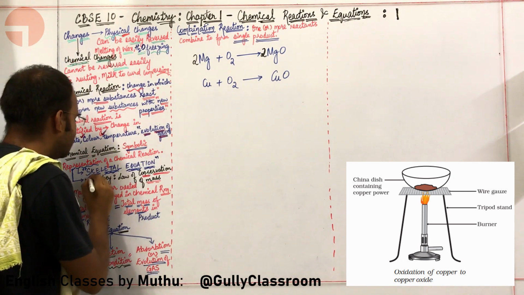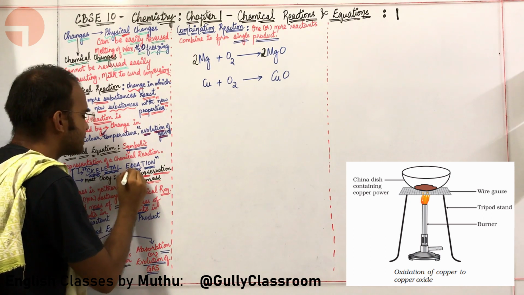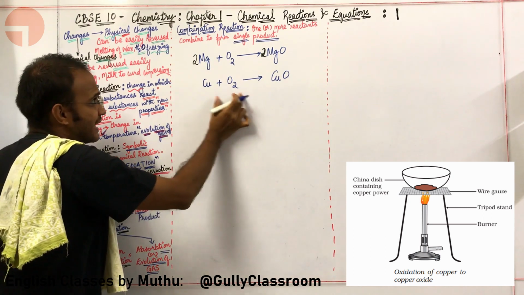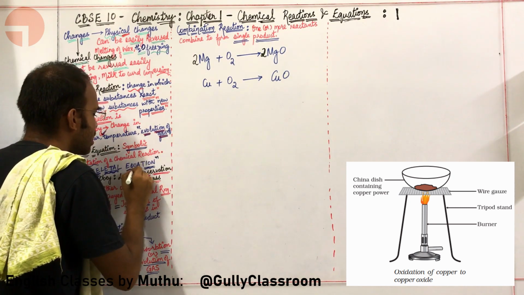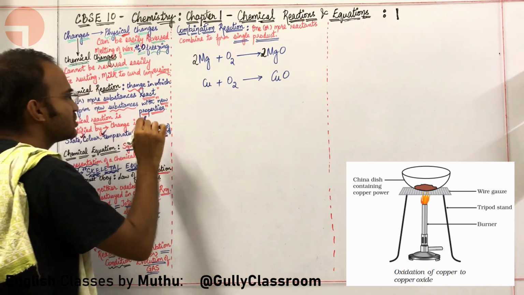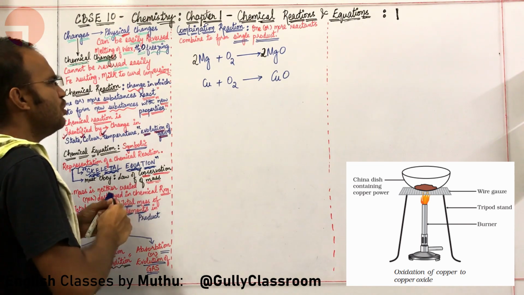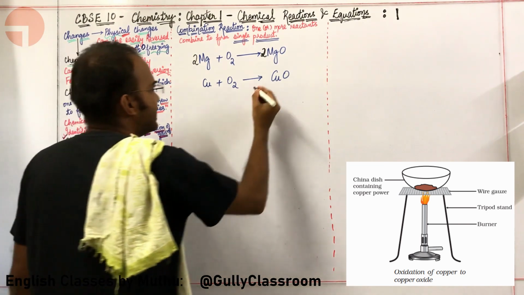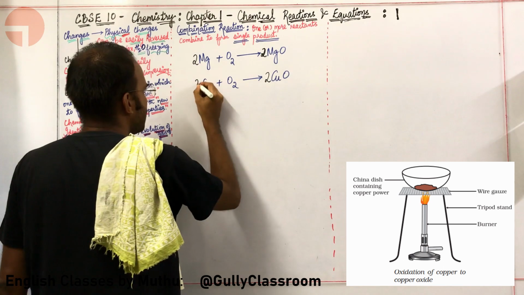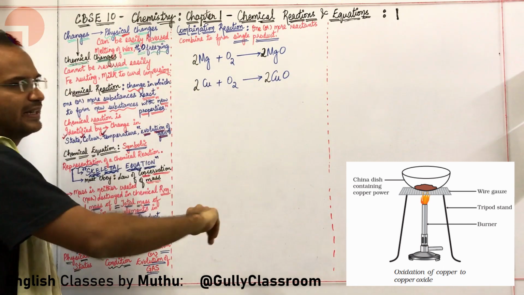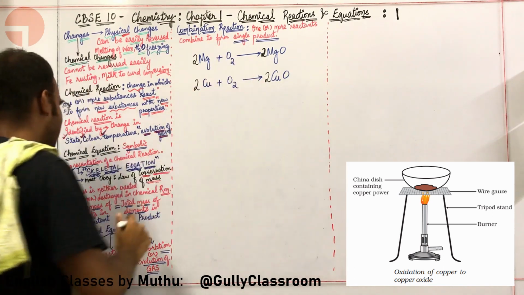A skeletal equation is simply an equation that has only reactants and products. It is not balanced. So, in order to convert a skeletal equation into a balanced equation, you need to balance the entire thing.